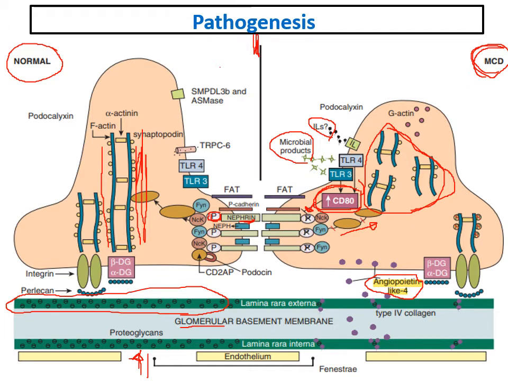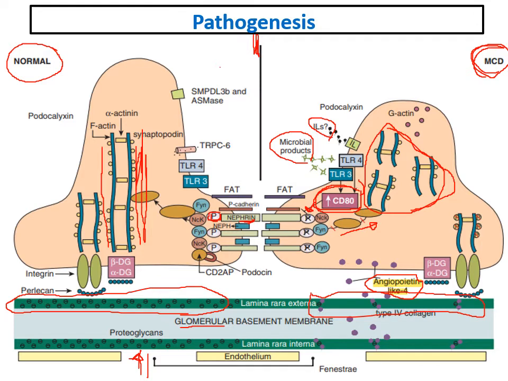What about angiopoietin-like 4? The suggested mechanism of angiopoietin-like 4 causing minimal change is that it decreases the anionic sites. Look here in the glomerular basement membrane: what are the numbers of the anionic sites having anionic charge to repel albumin compared to the normal side?